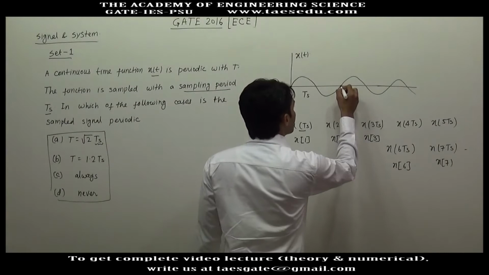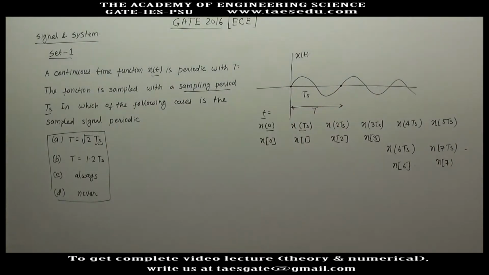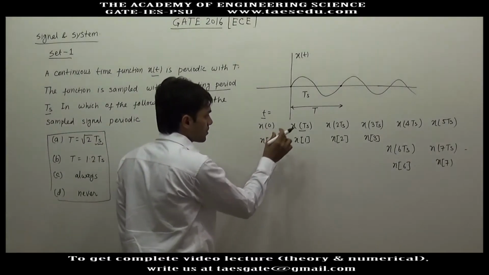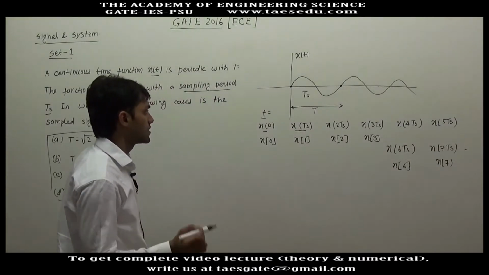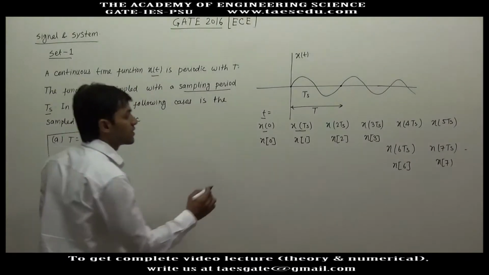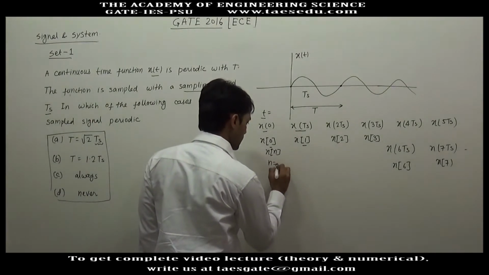Here we have the time period. This is the time period. So if you want these samples to be periodic, let's say this sample, here we have the value of n, this is x[n], let's say it is periodic with n equal to 4.